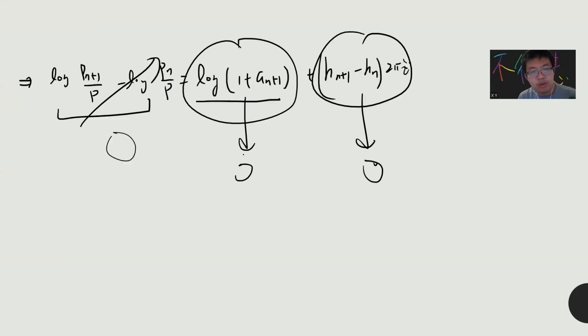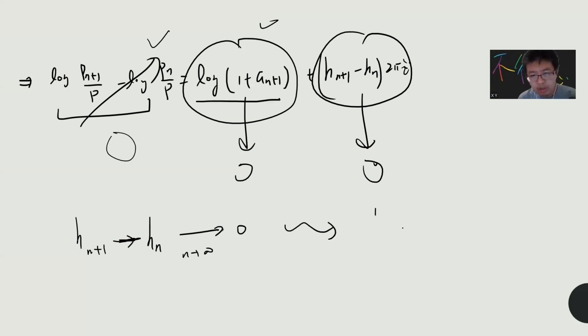These two are my assumption, and this will require that h_{n+1} minus h_n goes to 0 as n goes to infinity. That means as n goes to infinity, h_{n+1} will be arbitrarily close to h_n, which means that h_n converges. So let's say h_n converges to some point h.